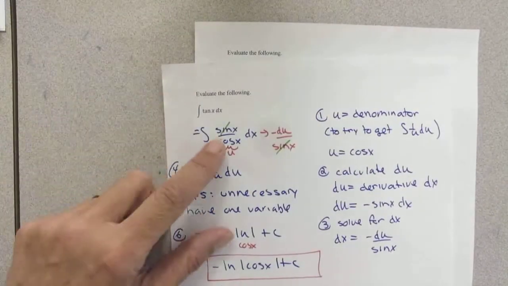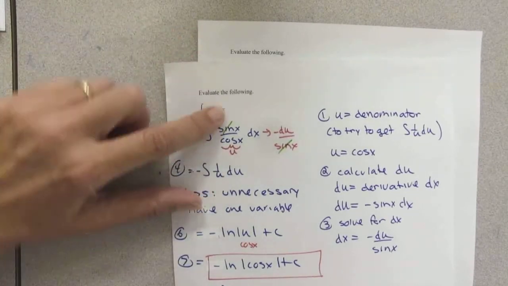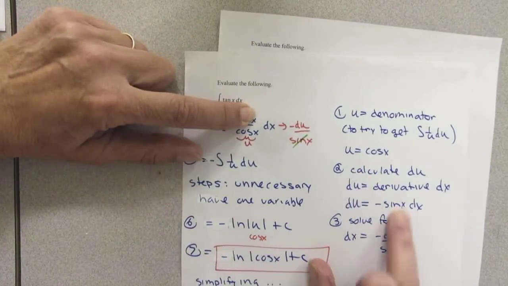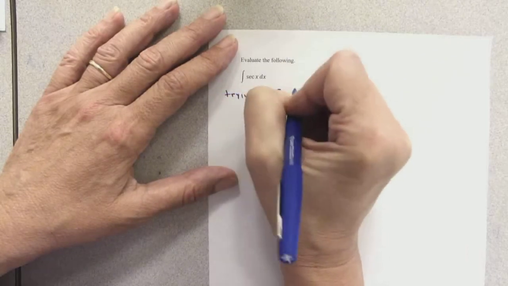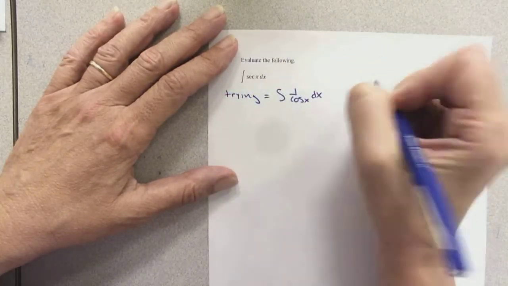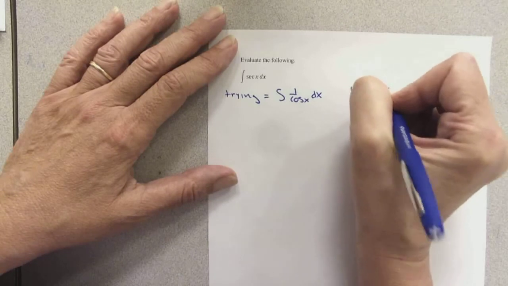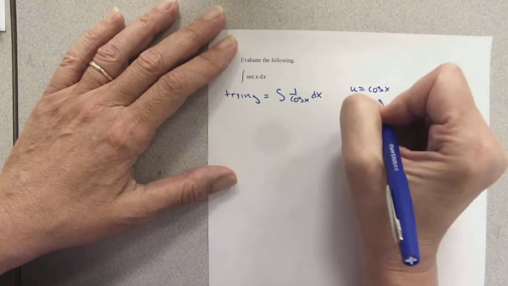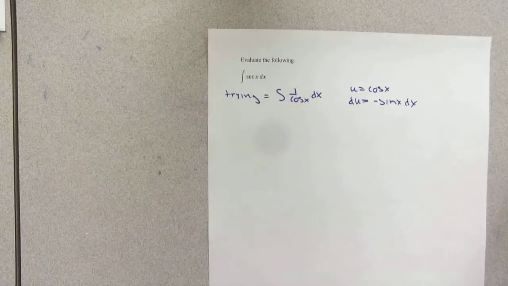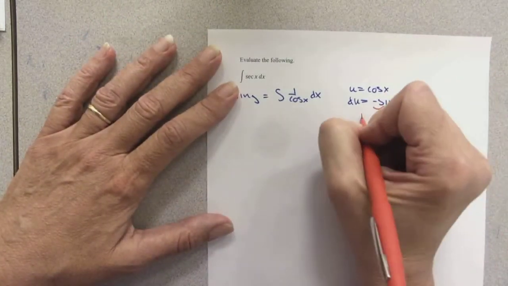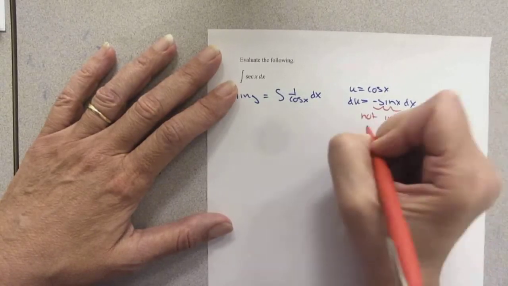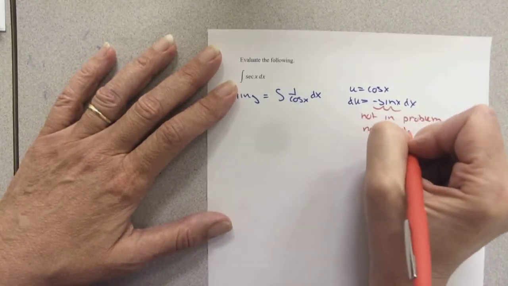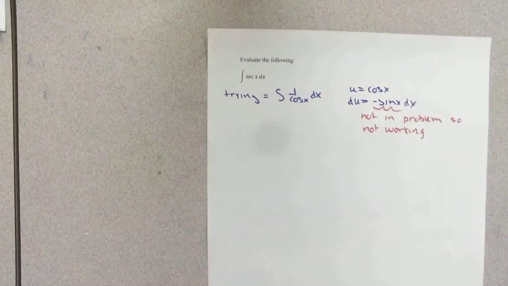And so imagine, if you will, if it was just 1 over cosine, so that was a 1 up there, if I let u equal, actually we'll show it, if we try that, that's 1 over cosine x dx, and then u equals cosine x, du equals then negative sine x dx. That's not in the problem. So not working. And so this method won't do it.